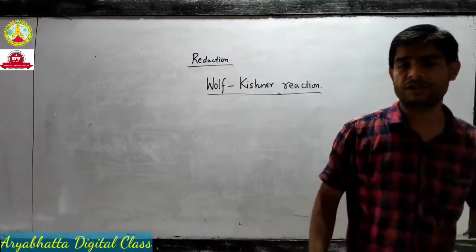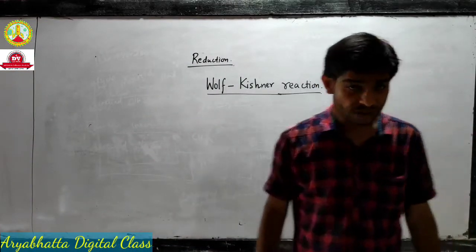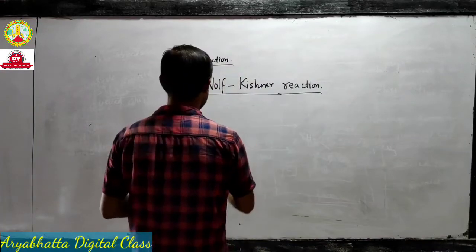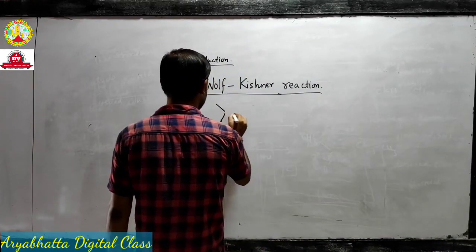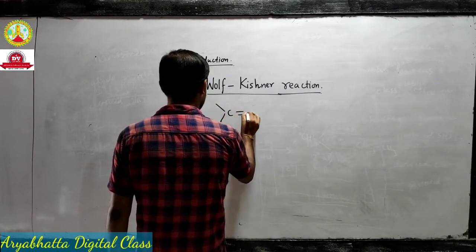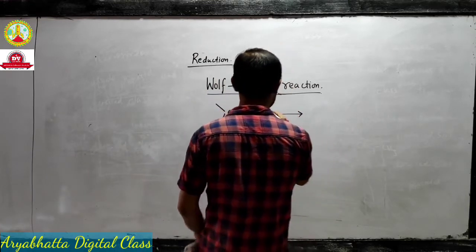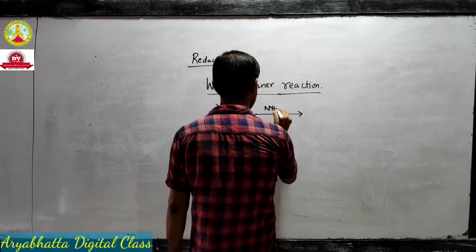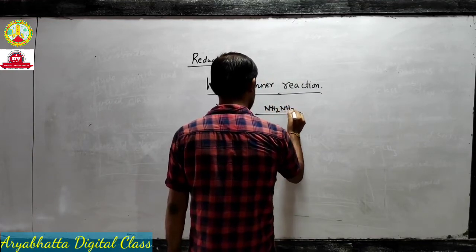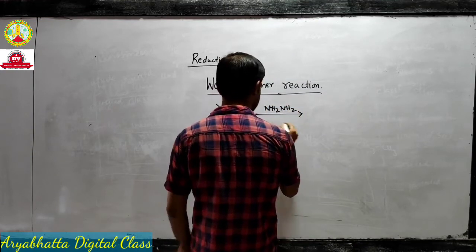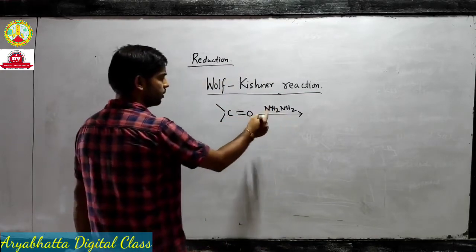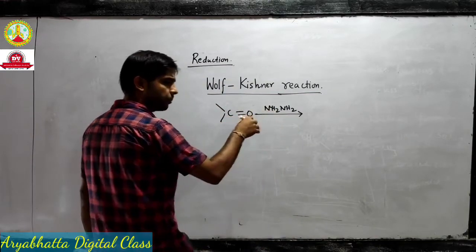In Clemmensen's reduction, we used zinc mercury amalgam, but in this reaction we will use hydrazine, NH2NH2. We used this in the last reaction.